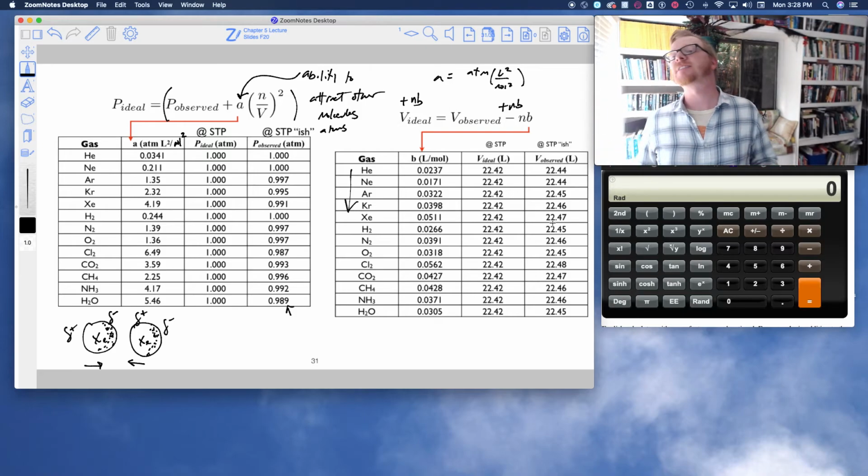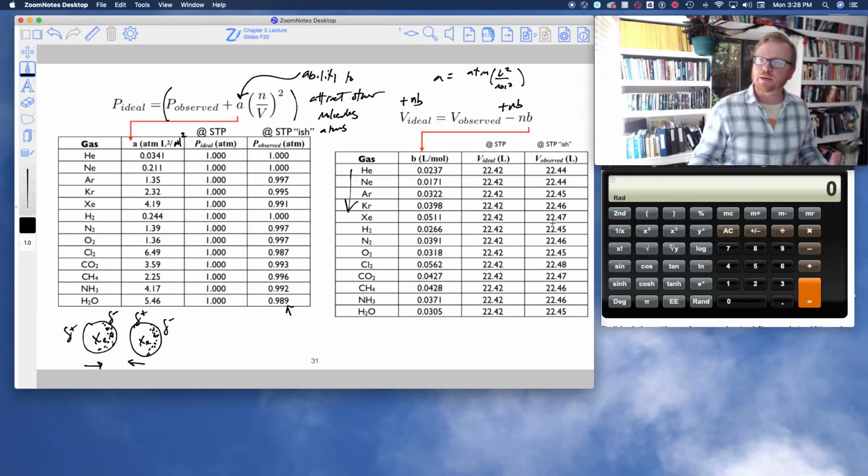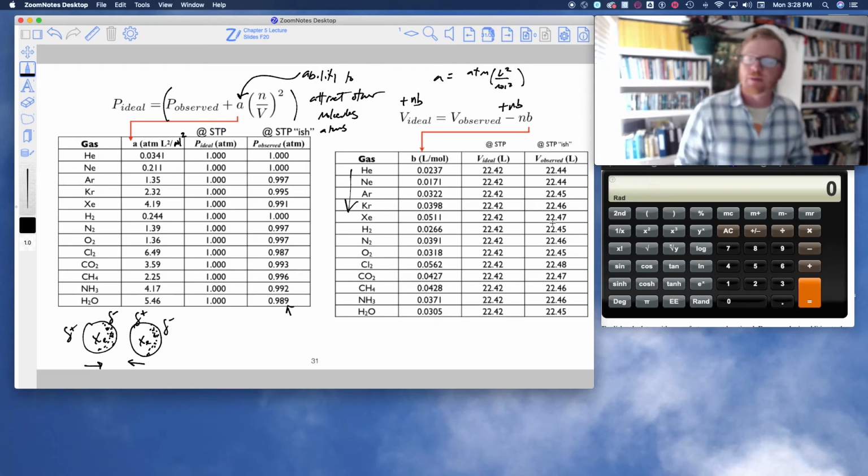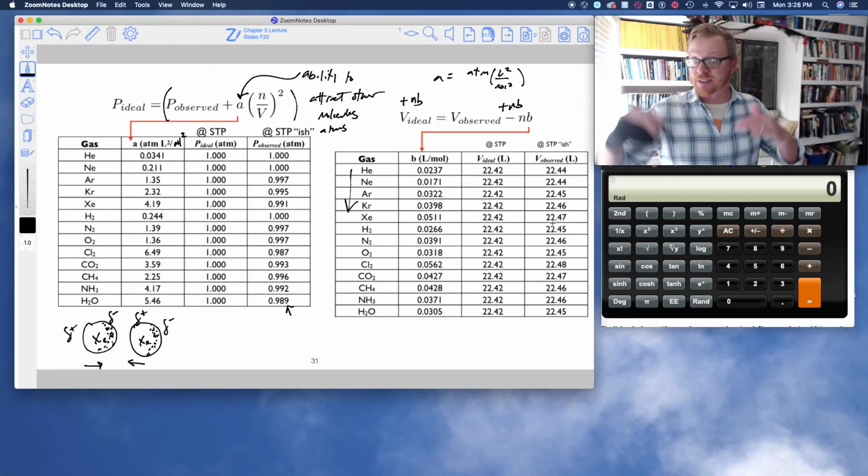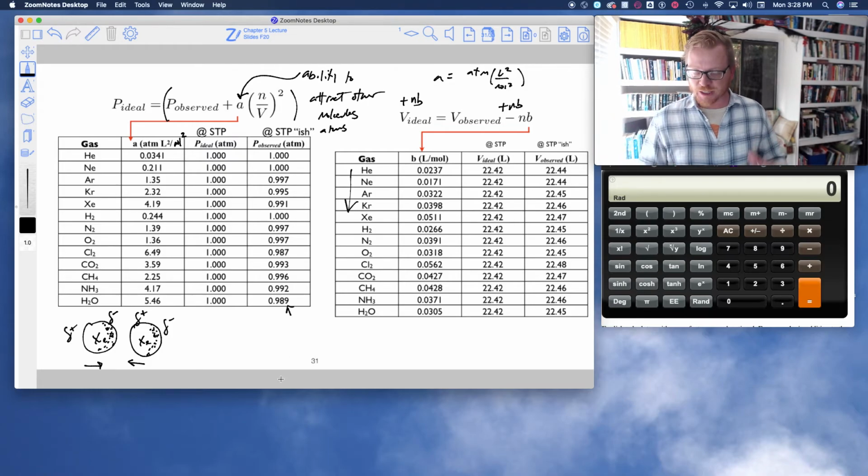So these effects of the molecules occupying real volume and the molecules being attracted to each other, they're opposites, okay? The attraction of molecules to themselves will reduce the pressure.